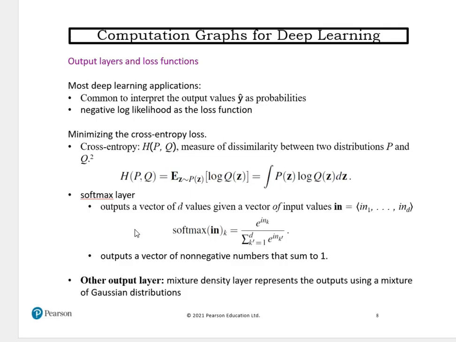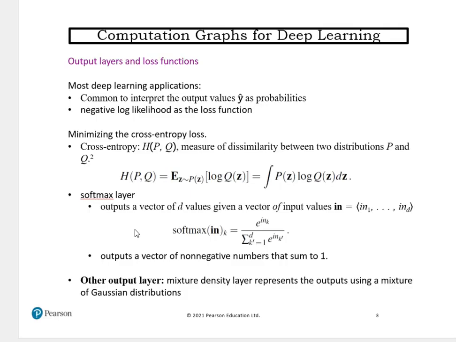So if that's the case, we're looking for the optimum vector w star that minimizes the sum of the negative log probability for all the N training examples. In deep learning, typically we talk about minimizing what's called cross entropy loss.